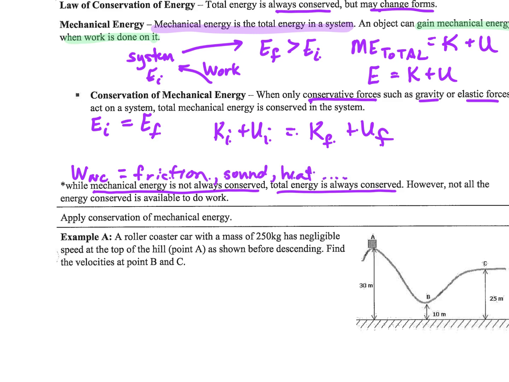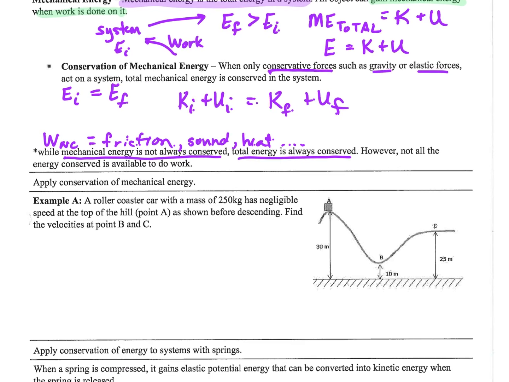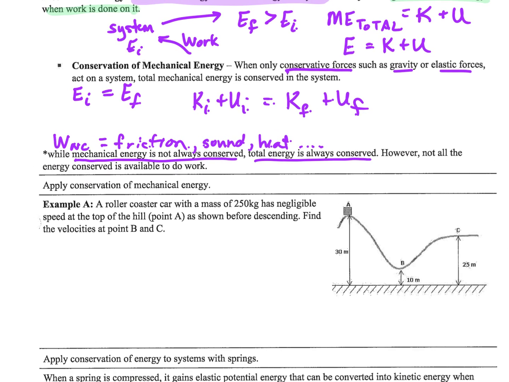But if we think of this in terms of mechanical energy, what we find, though, still is what changes is our initial kinetic energy plus our initial potential energy plus whatever work non-conservative we see has to be equal to K final plus U final. Now, remember, work non-conservative is by nature going to be either negative, if it's like friction or sound, or if it's a push, it would be positive.